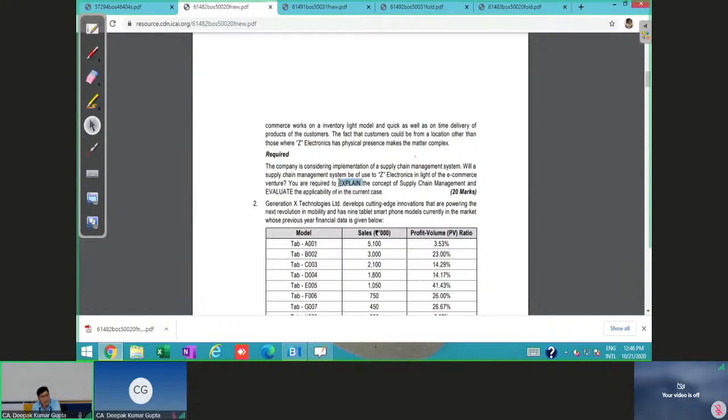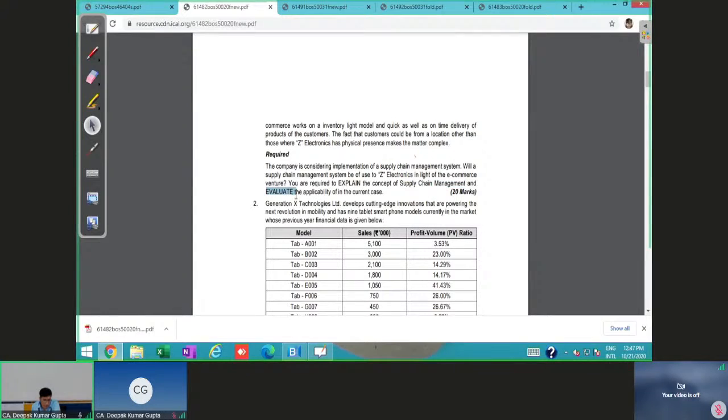Explain: here you have to write a straightforward answer by explaining the concept of supply chain management. Here you can easily write about supply chain management from the starting of raw material supplier to customer.